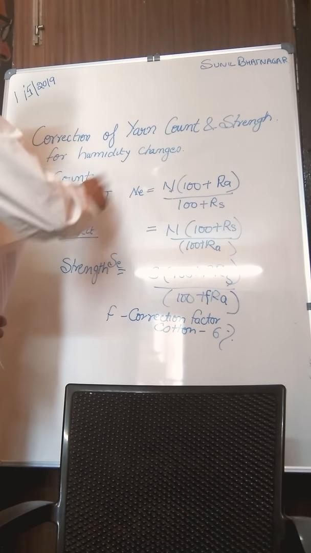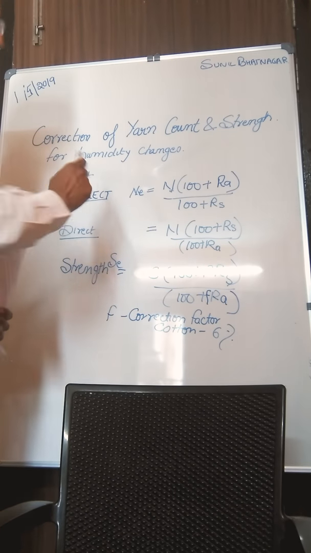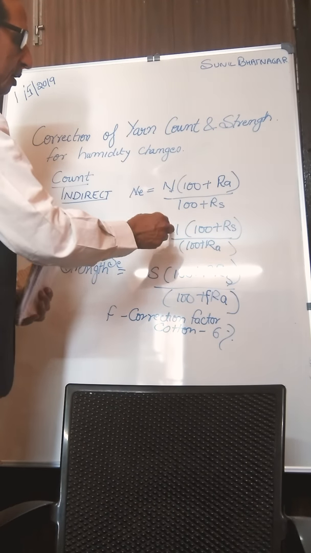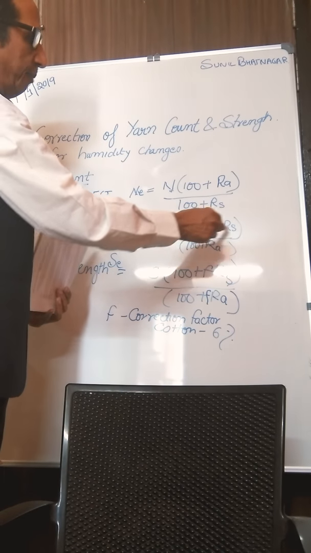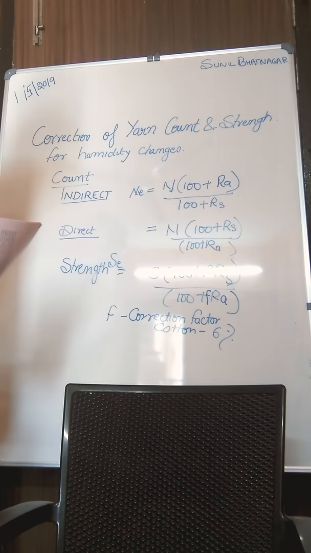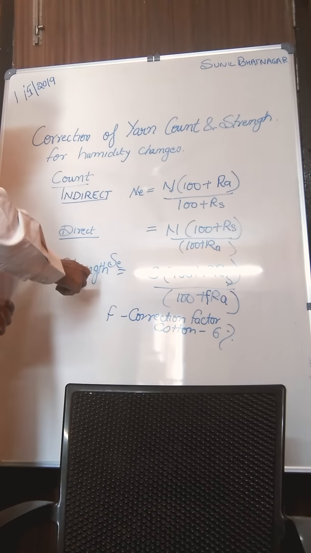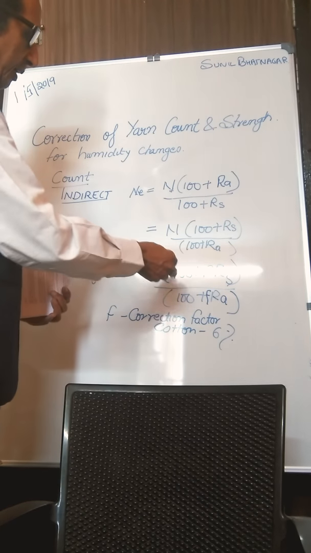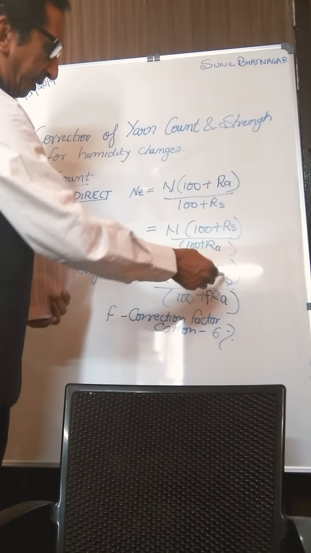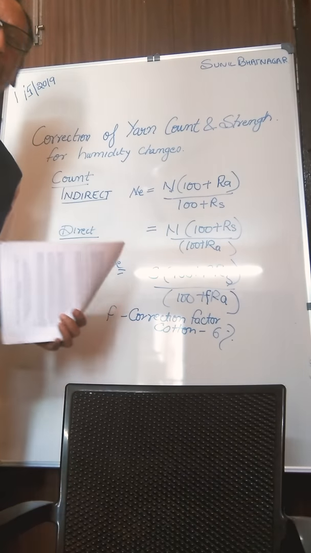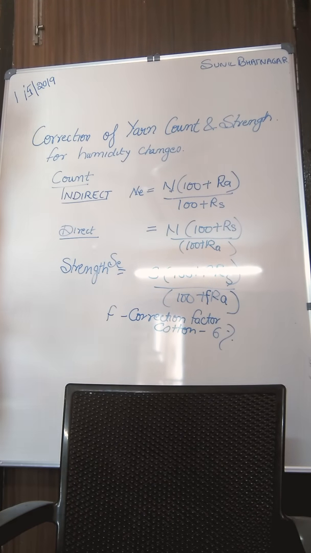This is the correction for indirect count. In the case of direct count, it becomes actual count times (100 plus RS, the standard regain) divided by (100 plus RL). In the same way, for strength, it is the actual strength times (100 plus F RS, the standard regain) divided by actual. Here F is the correction factor, and for cotton it is taken as 6%.